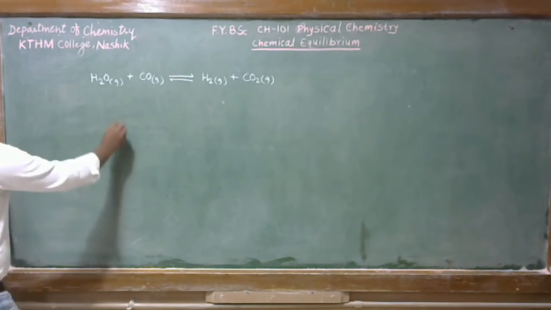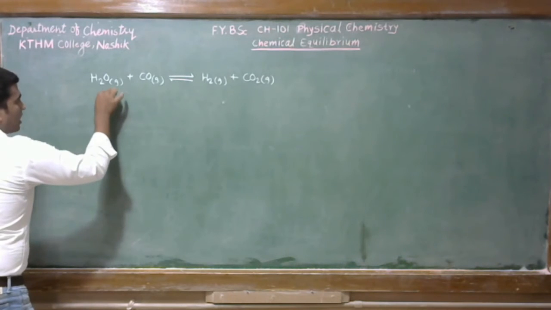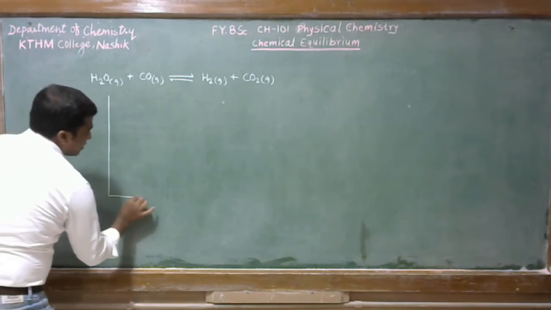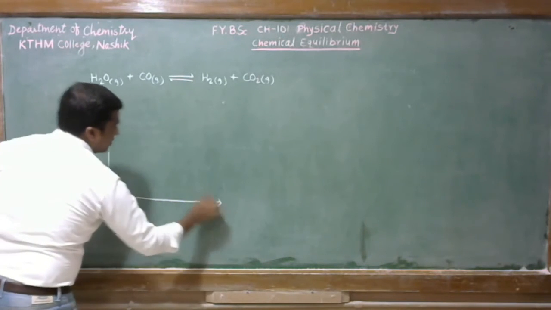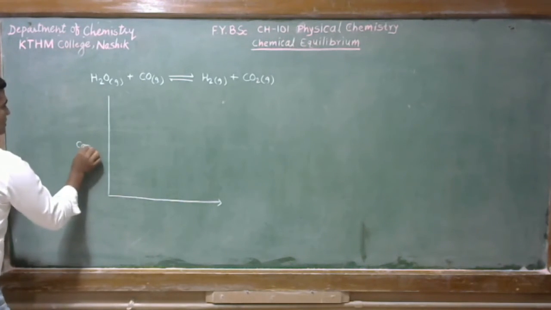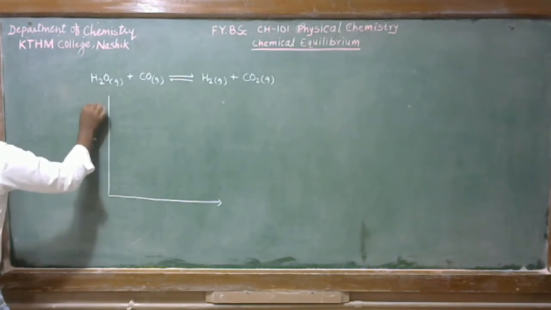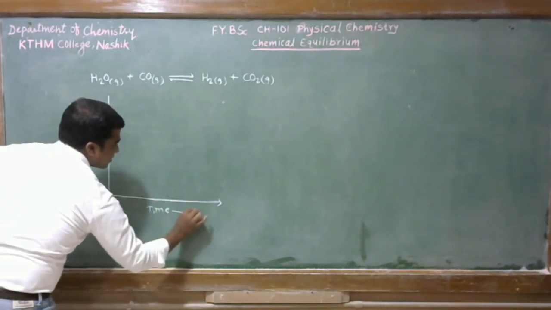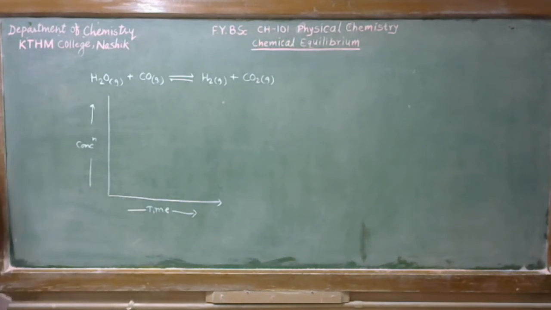Suppose we plot the graph, concentration versus time, concentration versus time, so we'll get this type of graph.